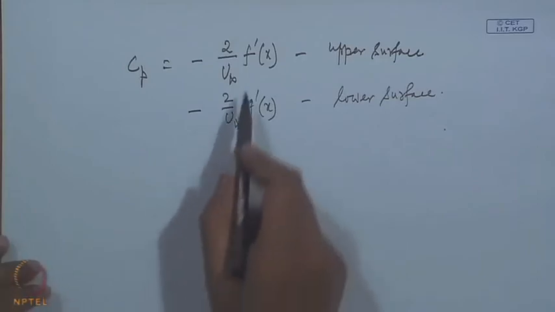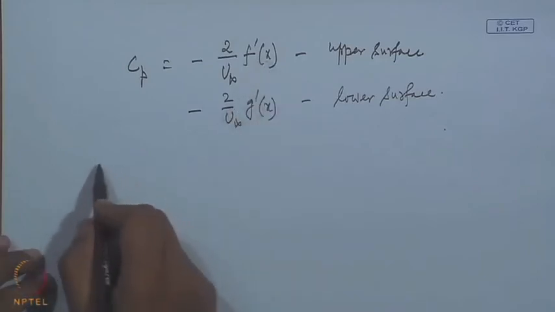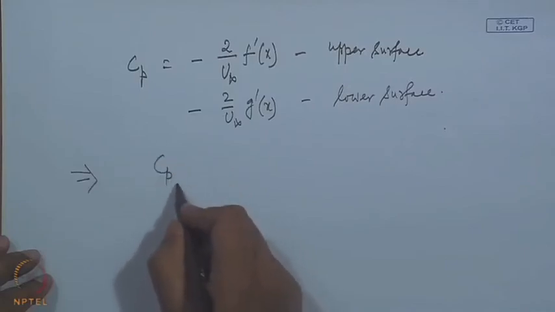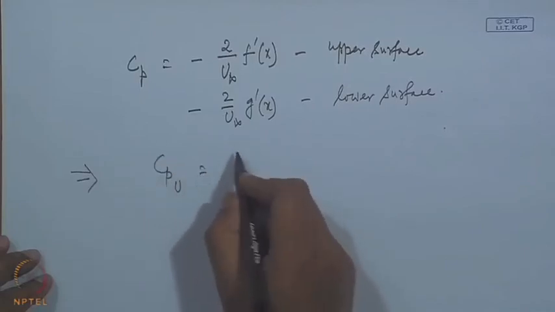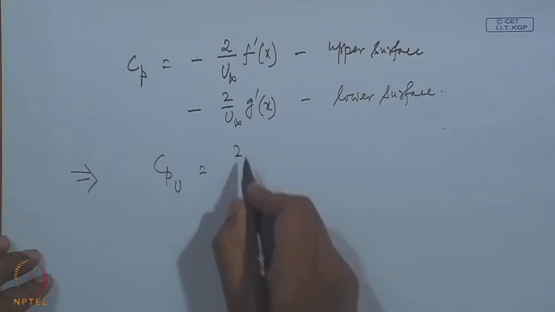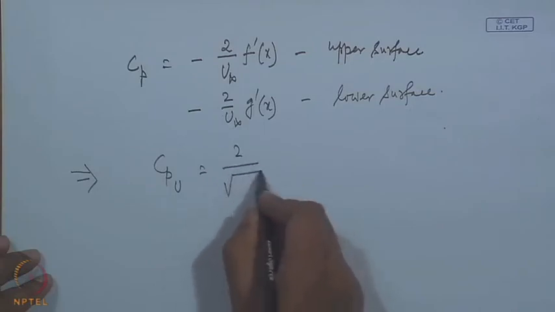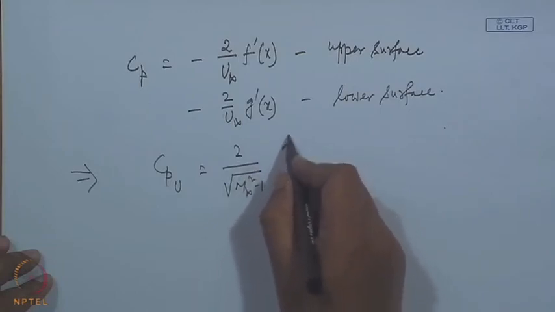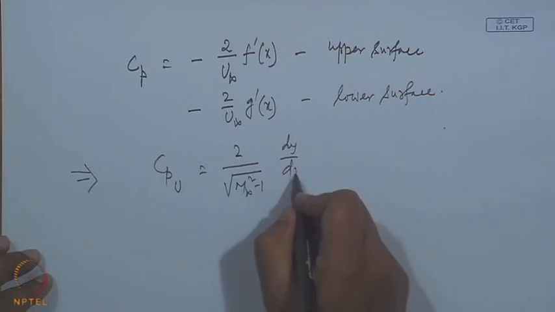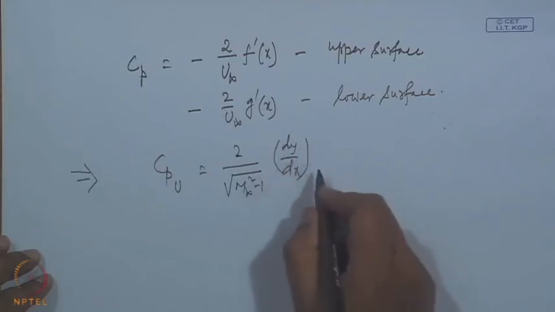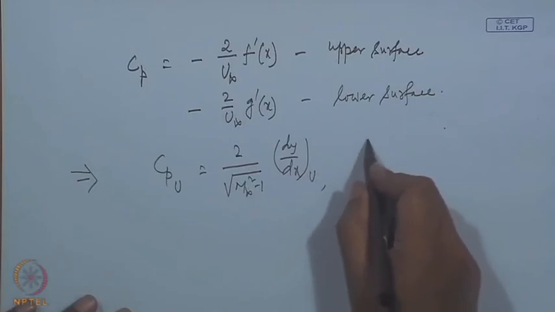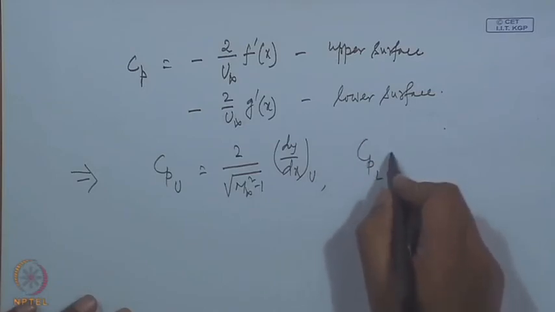Now, substituting here f prime and g prime, this gives C p on the upper surface as 2 by beta times the slope, and similarly on the lower surface.